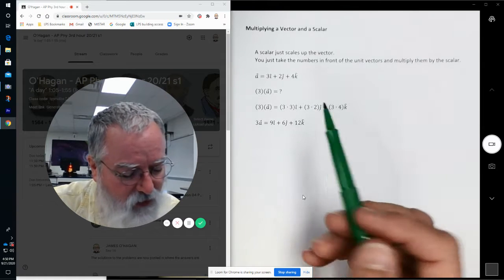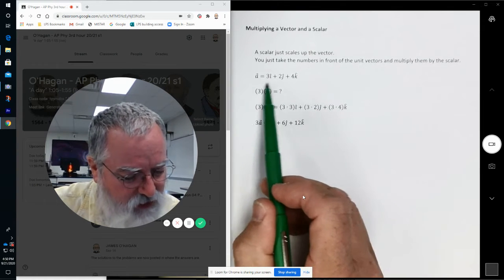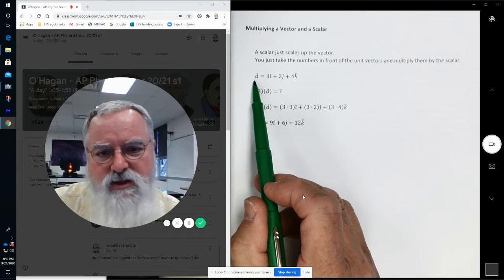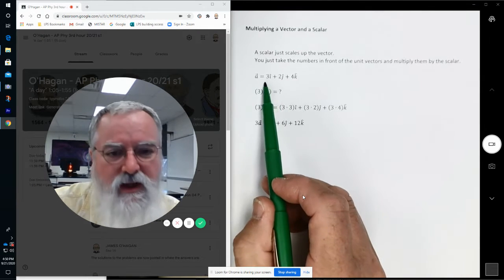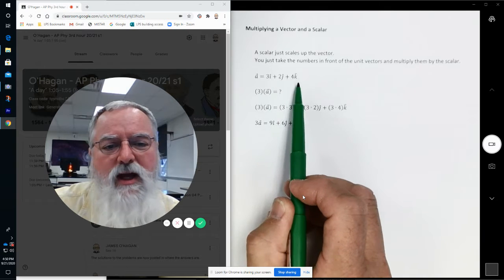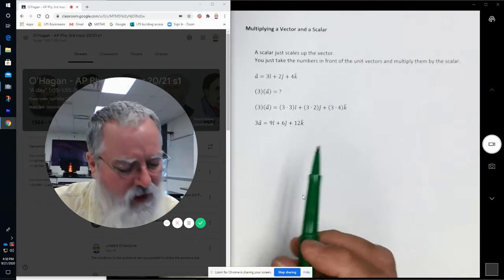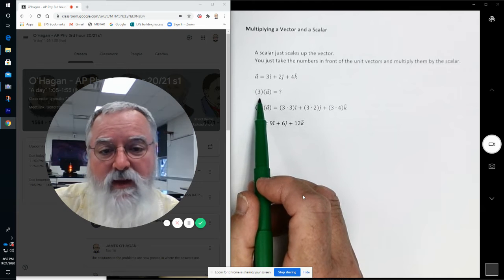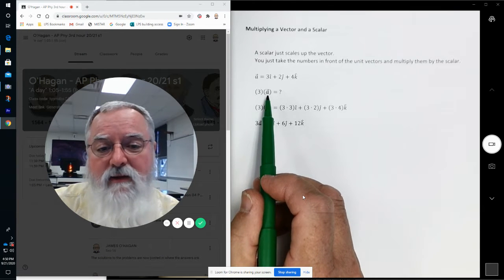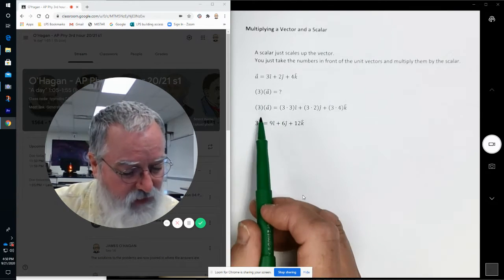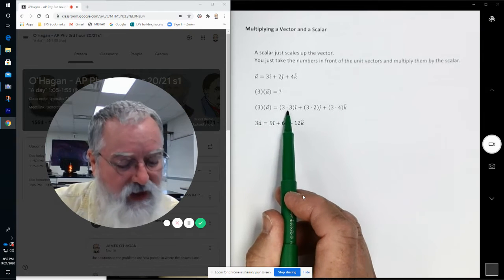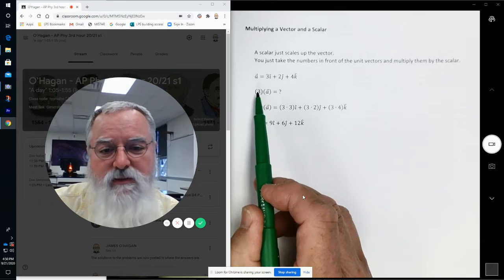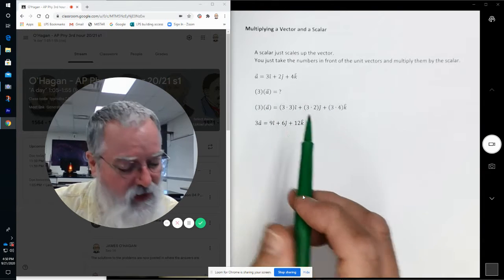Okay, so here's what you do. I got a vector A, not necessarily acceleration, just some vector A. And it's 3i plus 2j plus 4k. And I want to multiply it by a scalar. I want to multiply it by 3. So what does 3A equal? Well, 3A equals 3 times 3i. I'm just going to make it bigger.